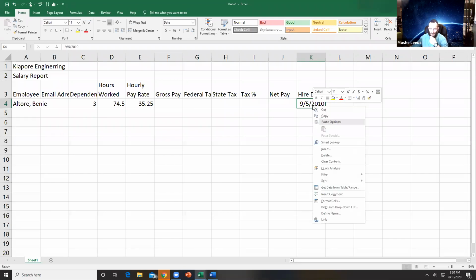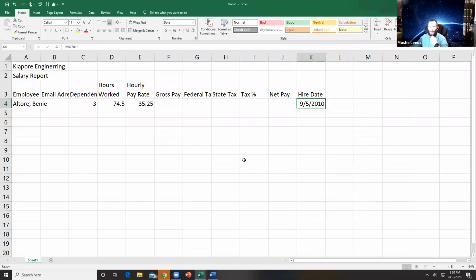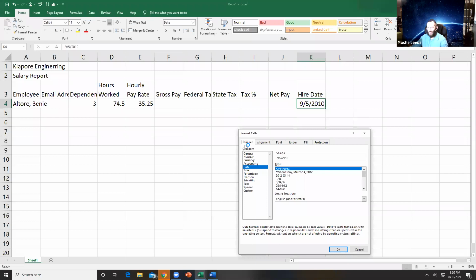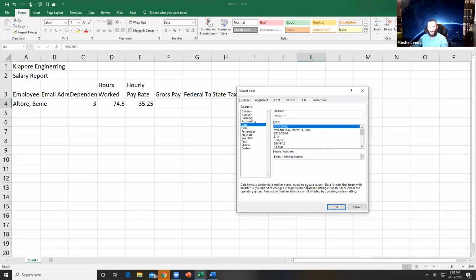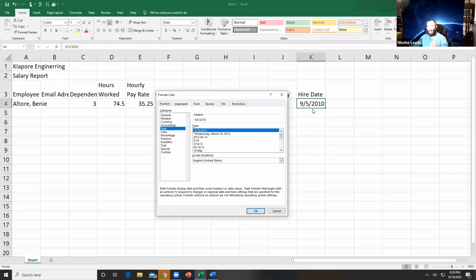I'm going to right click, and I'm going to format cells. So I'm going to right click and format cells. Okay, so notice, number one, right away, my category, the date is highlighted because when I type this into Excel, Excel recognizes it as a date.